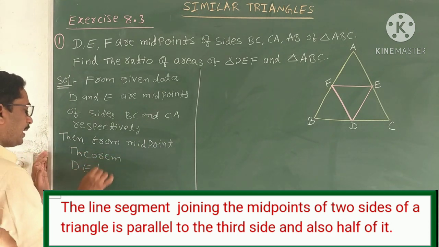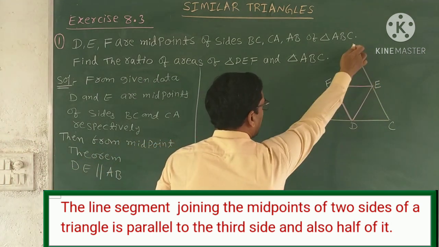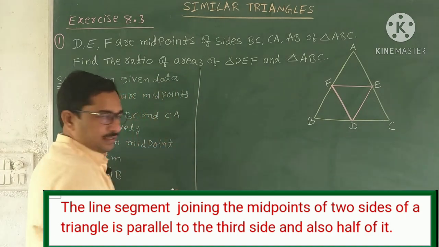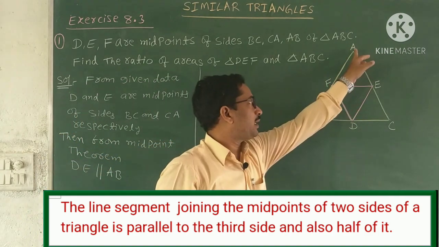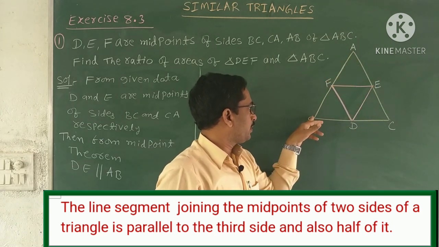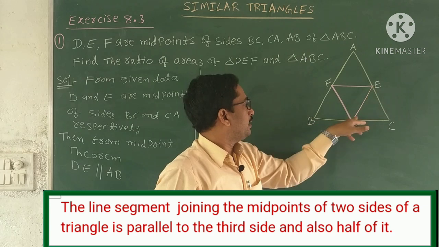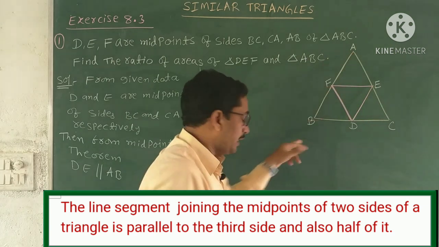DE is parallel to AB, third side. DE is parallel to AB means it is also parallel to AF, because AF is a part of AB. See, DE is actually parallel to AB, but here I am taking DE parallel to AF because AF is also part of AB.